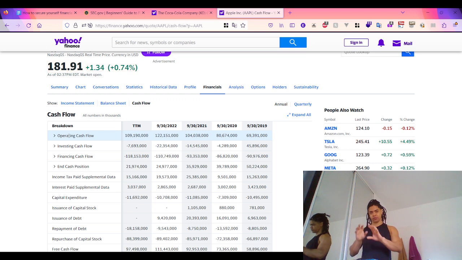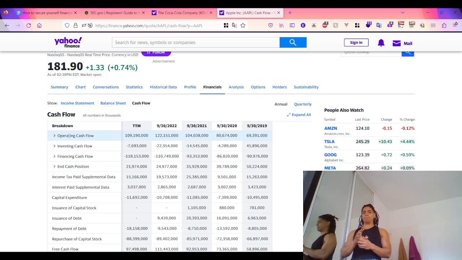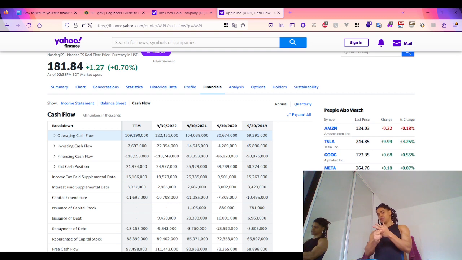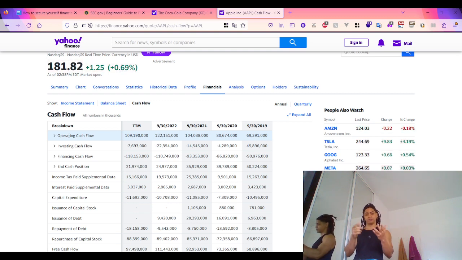Accrued expenses, expenses that a company incurs from goods and services that have been received but not yet paid for. So, for example, salaries, wages, rent, income taxes or taxes in general.